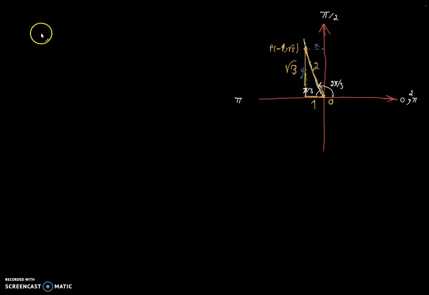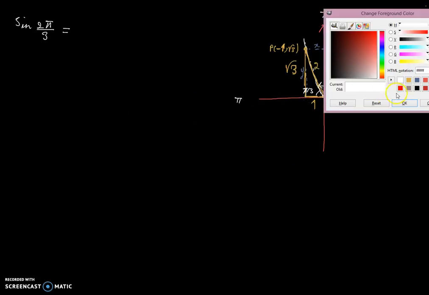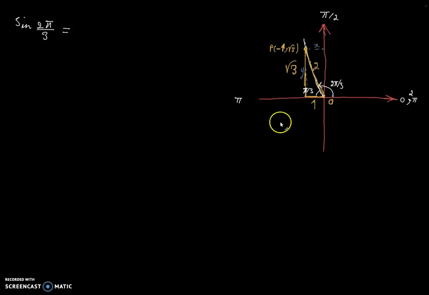So then again, sine 2 pi by 3 would be equal to y divided by r. This is your value, and now you know the values here. The values are, let me write them in this color.